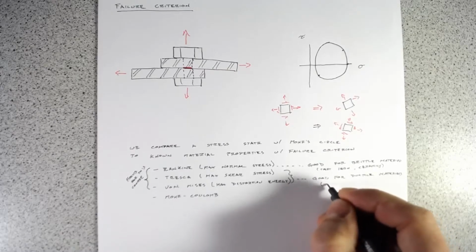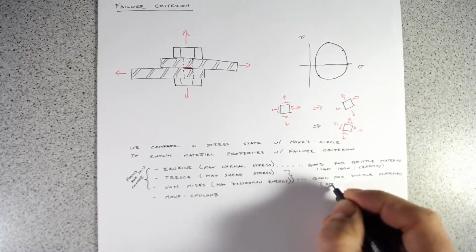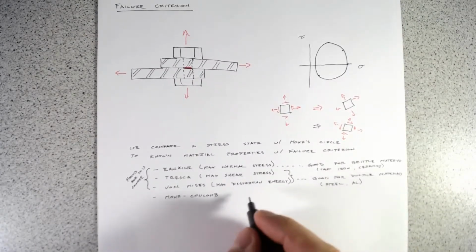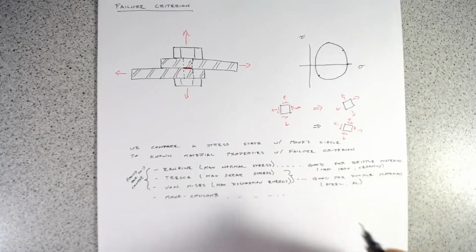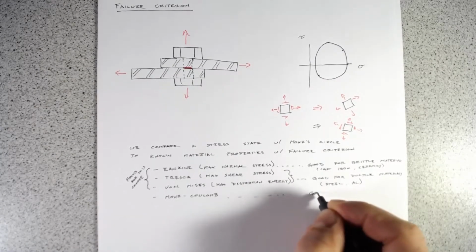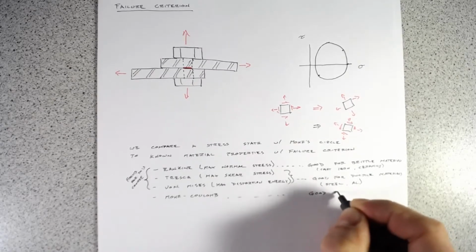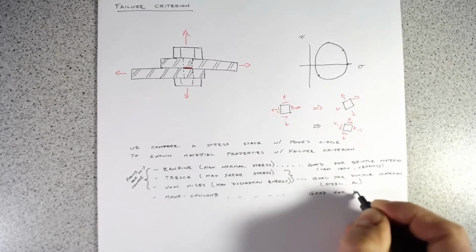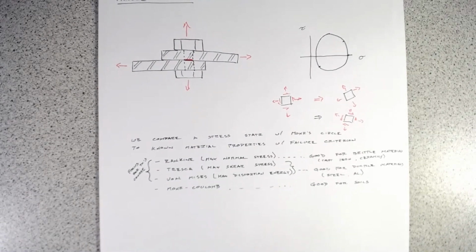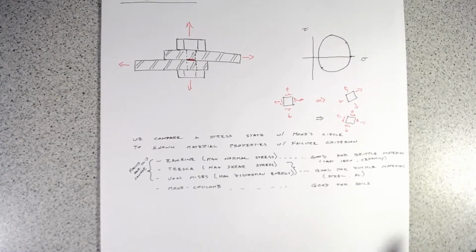So that'd be metals like steel or aluminium. And then Mohr-Coulomb is actually used quite a lot for soils. So for those who do geotechnical engineering, you actually do a lot of Mohr-Coulomb failure criteria.